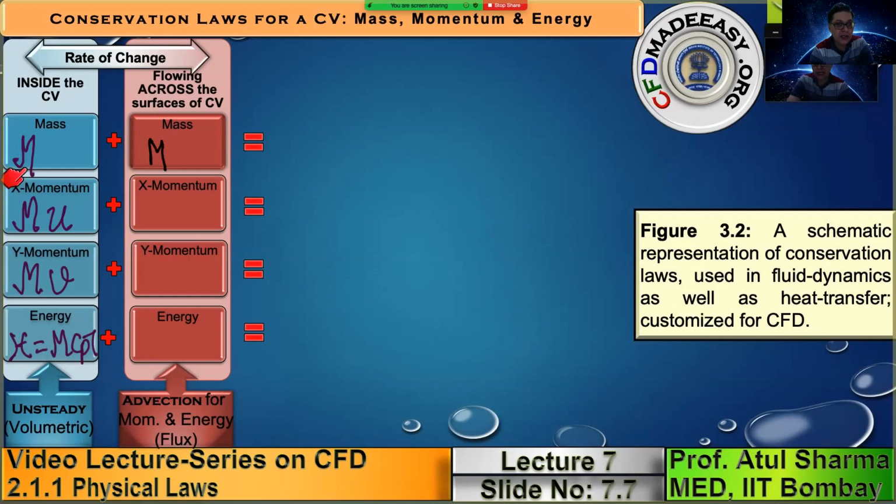This M, which I'll call curly M, represents mass. This is the symbol for mass in the present lecture series. And when I use capital straight M, this corresponds to mass flow rate. Now the mass is expressed as the product of density and volume.